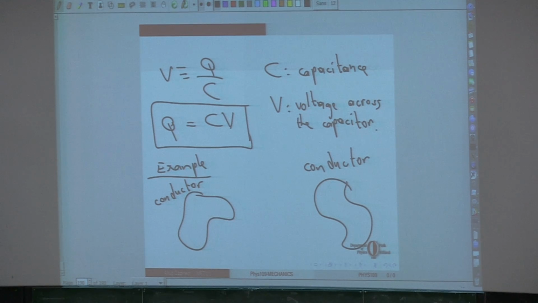And so the capacitance will, of course, change because you are basically breaking the capacitor. But if you assume that the conductors are fixed, they are not allowed to move, your geometry doesn't change, in such a case, the capacitance will be a constant. It will not depend on how much charge you put on your system.